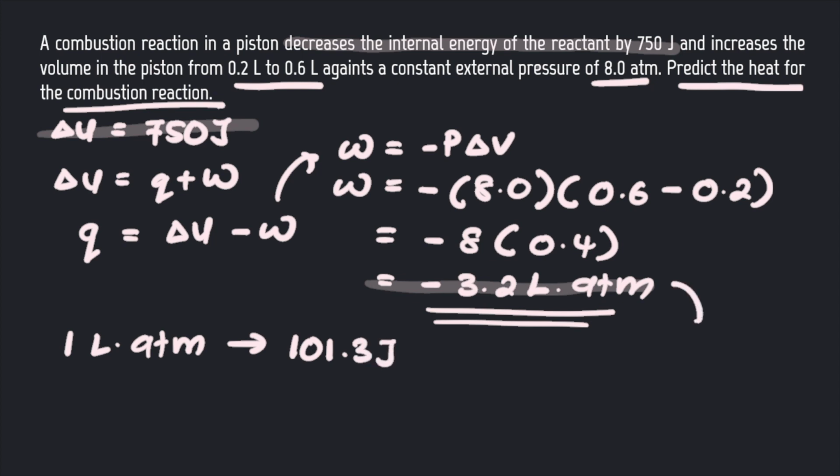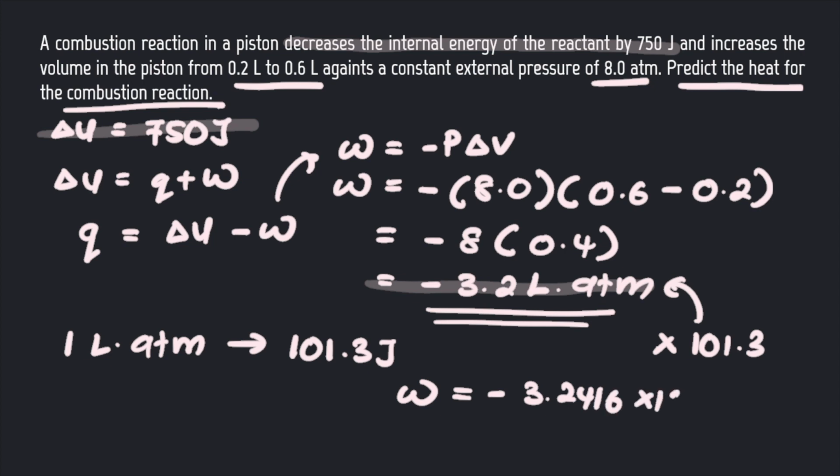So in other words, you need to times this with 101.3. Therefore, you will get your W is equivalent to negative 3.2416 times 10 to the power of 2 joule. Okay, now only both of the units are the same.